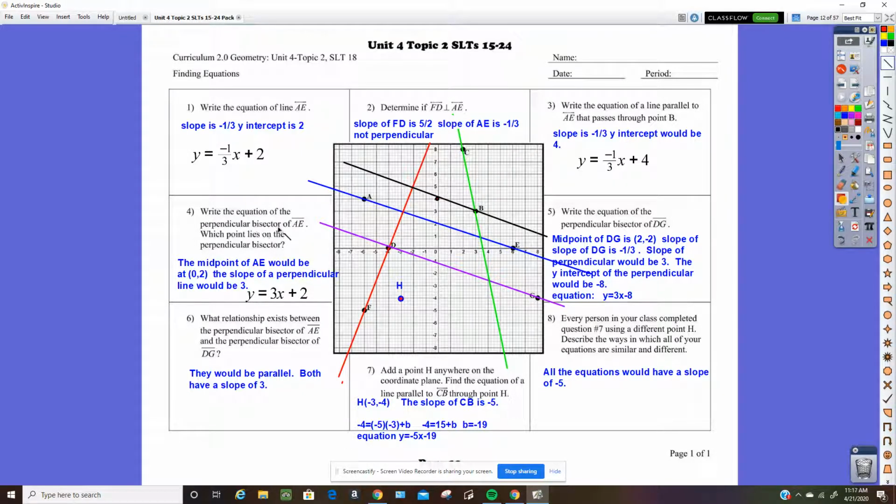Number 4, write the equation of the perpendicular bisector of AE, which point lies on the perpendicular bisector. So AE is right here, so the slope of the perpendicular would be 3, and the midpoint of AE would be 0, 2.